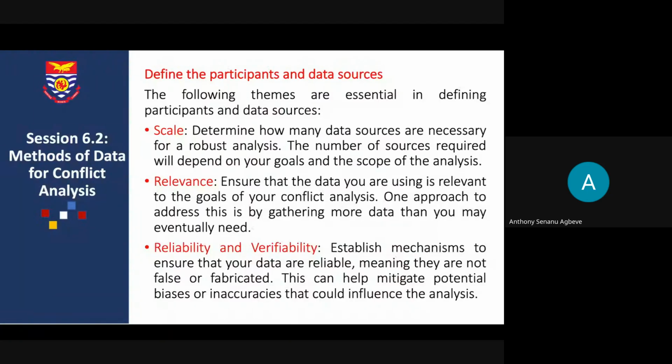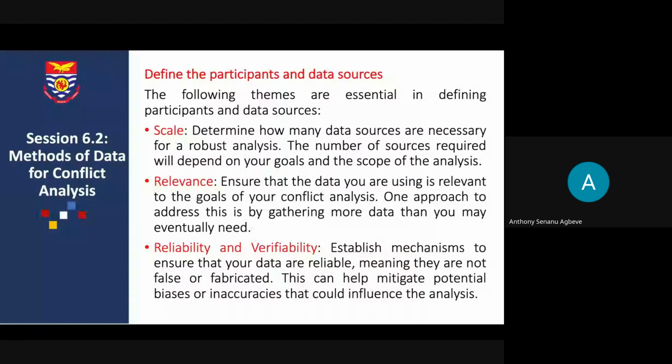And then what about the relevance of the data? You need to ensure that the data sources you are using are very relevant. Of course, the judicial rulings are very relevant, because whatever the Supreme Court especially says becomes law. So that is law, and we are all governed by law.